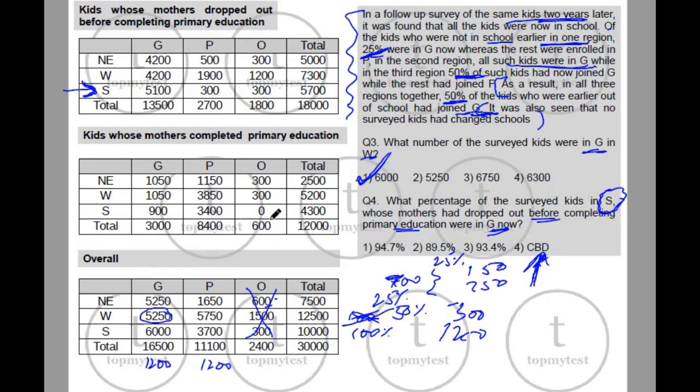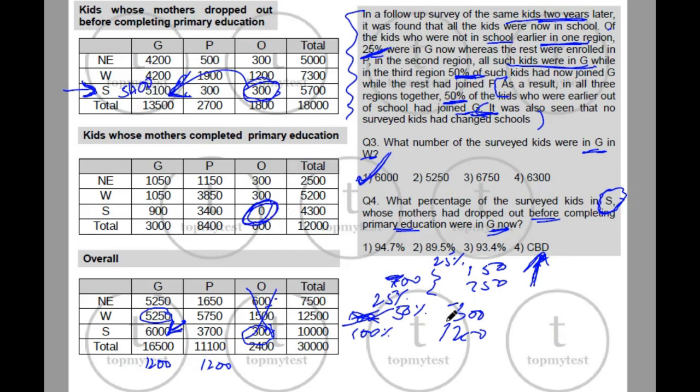But if you observe carefully, when you look at this 300, we know all these 300 moved to this S. And there is a 0 here, which means all this 300 is this 300. All the 300 is here. So we know now it is 5400 without doubt, because there is nobody here to move.